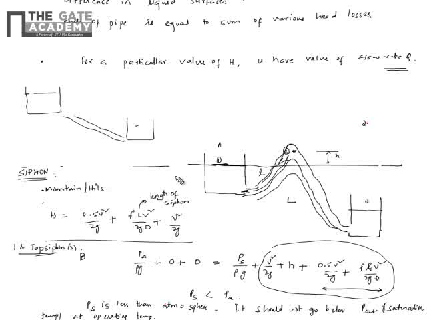Typically if it is 25 degrees Celsius, the saturation pressure is 3.98 kPa, and atmospheric pressure is 100 kPa.